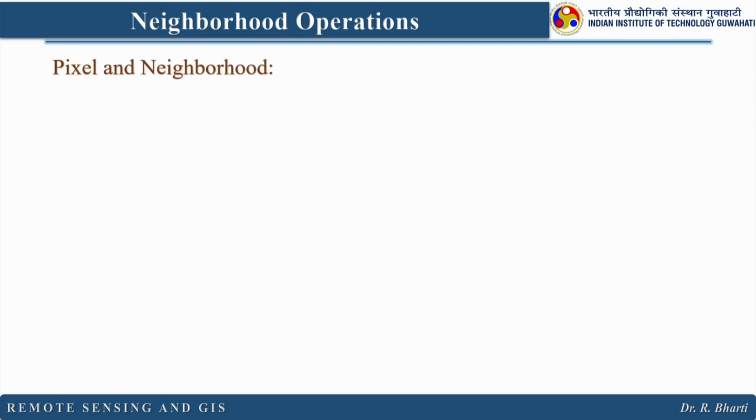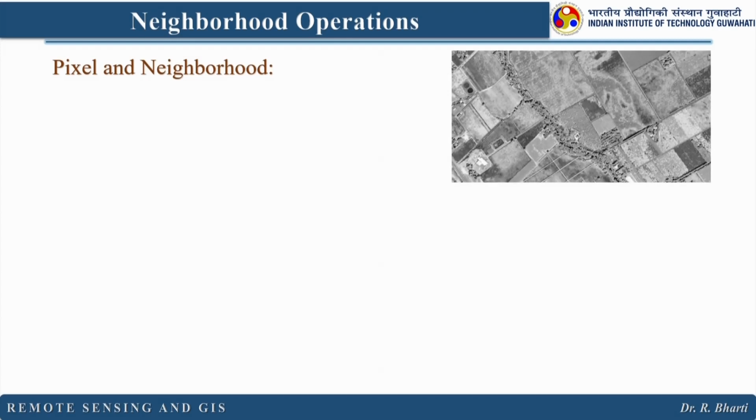Now, pixel and neighborhood. Let us take this example. When you have an image, and you want to run the neighborhood operation for this pixel E, let us assume we have taken only this particular window.